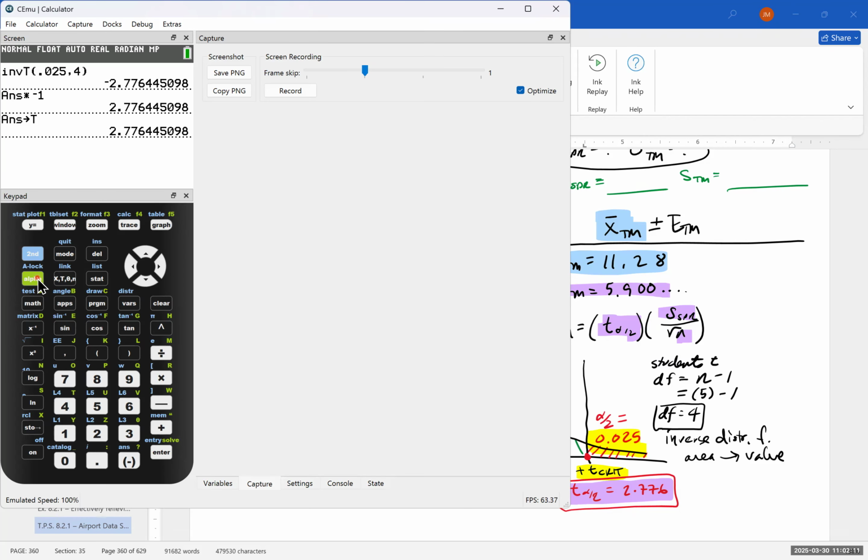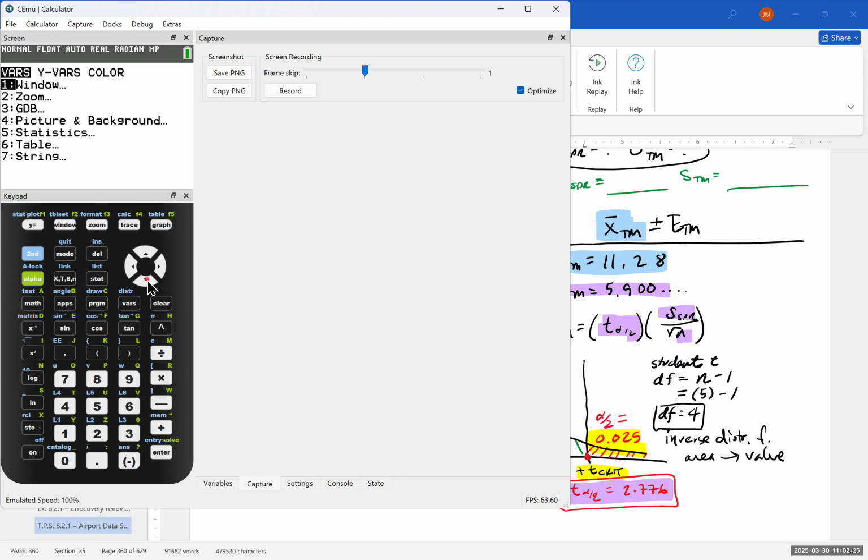The margin of error is going to be the t-score times the sample standard deviation divided by the square root of n. So I'm going to do Sprint first. I'm going to come over here to variables and go down to statistics, and grab the sample standard deviation for the first list, which was the Sprint data.